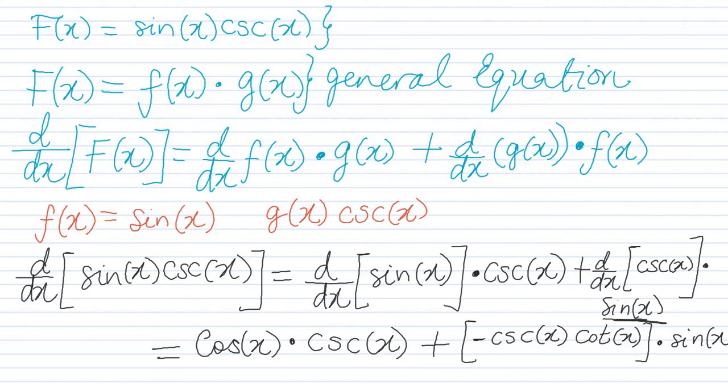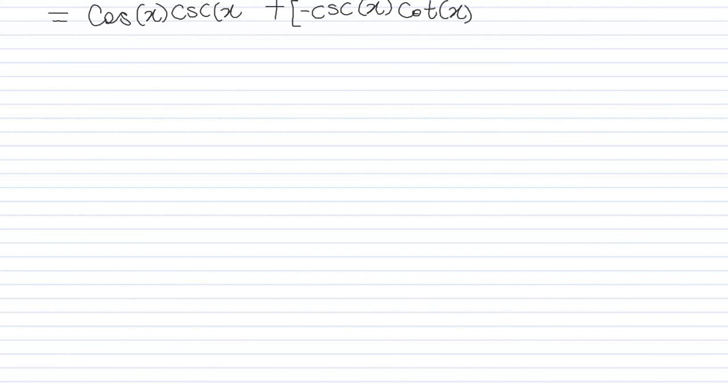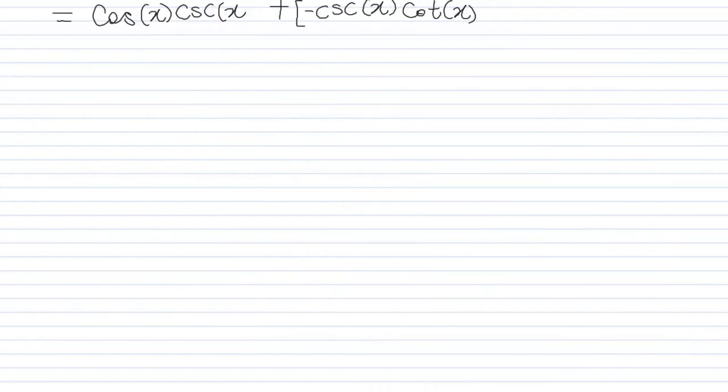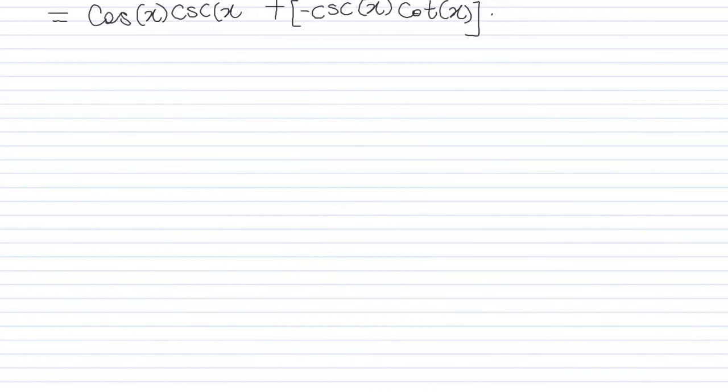Now let's go to the next page. Cosine x cosecant x plus negative cosecant x cotangent x multiplied by sine x.